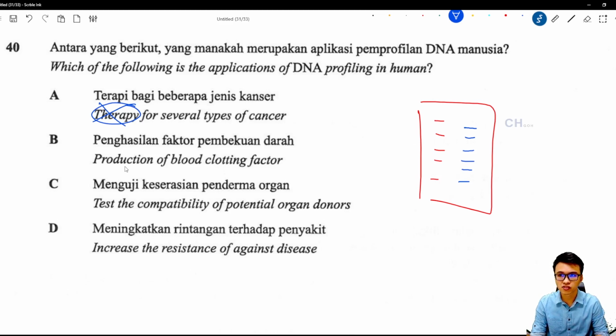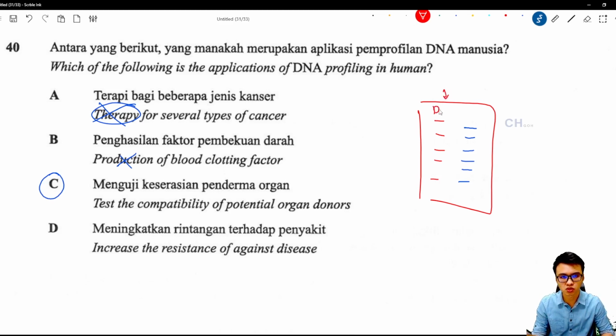Production of blood clotting factor? No. Test the compatibility of the potential organ donor? Yes. The answer here should be C, because you can check whether these two DNA, the donor and the receiver, are compatible or not by using DNA profiling.